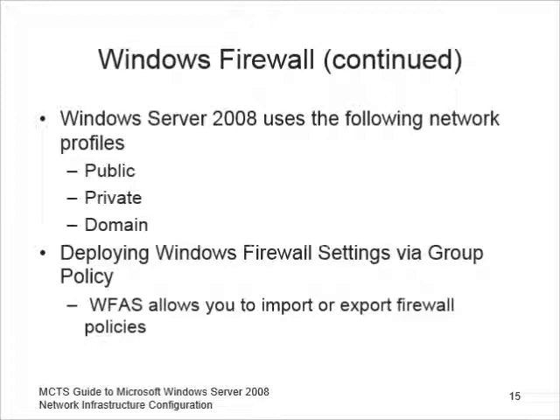With WFAS, you can specify that a particular firewall rule affects only a specific profile. Windows Server 2008 uses three profiles: the public, private, and domain. Home, you will be asking, is only for client systems, so it's not in a server or in a server domain, sorry.